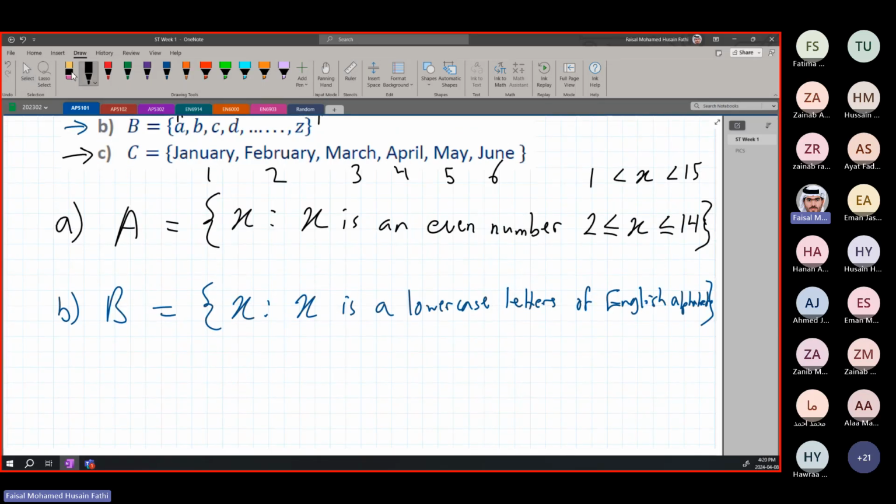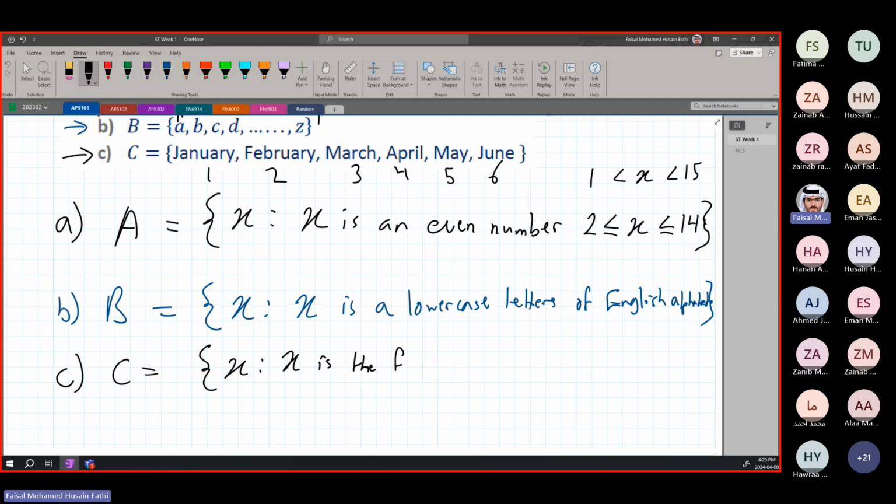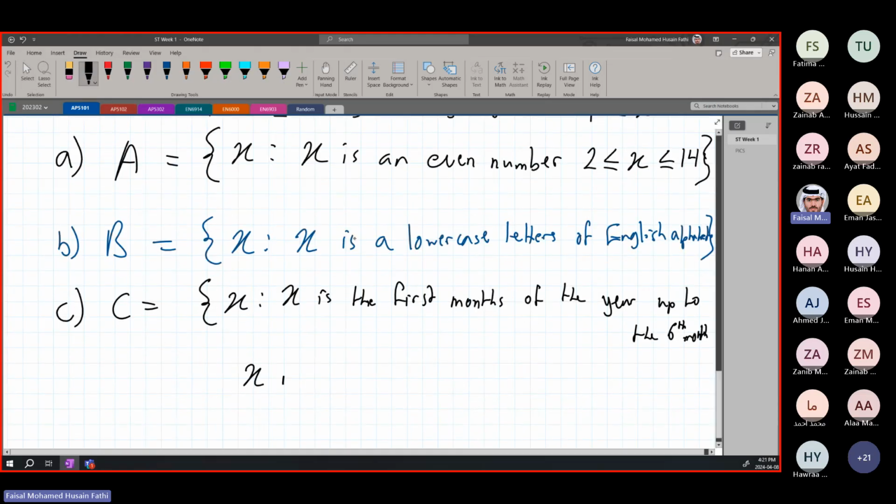So for example, we can write C is X, where X is one of the first months of the year up to the 6th month. Of course, there is a better way of writing this. We could also say X is a month in the first half of the year.